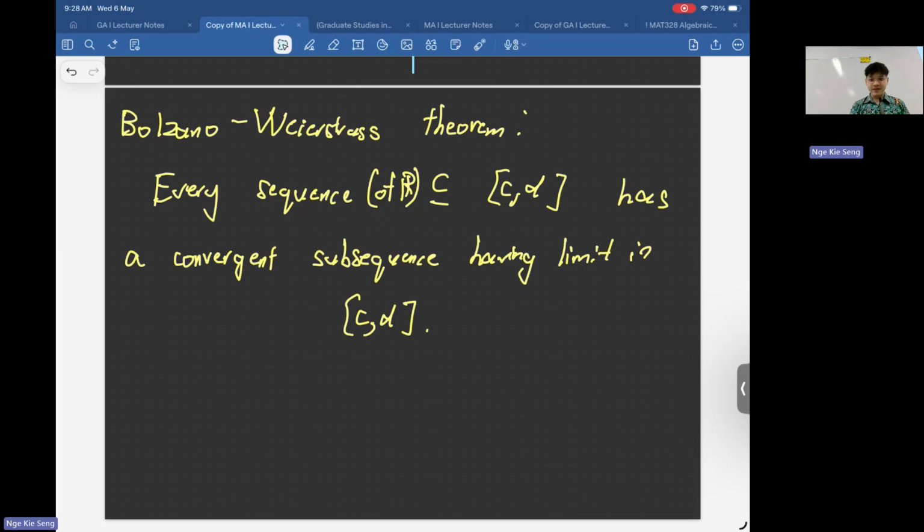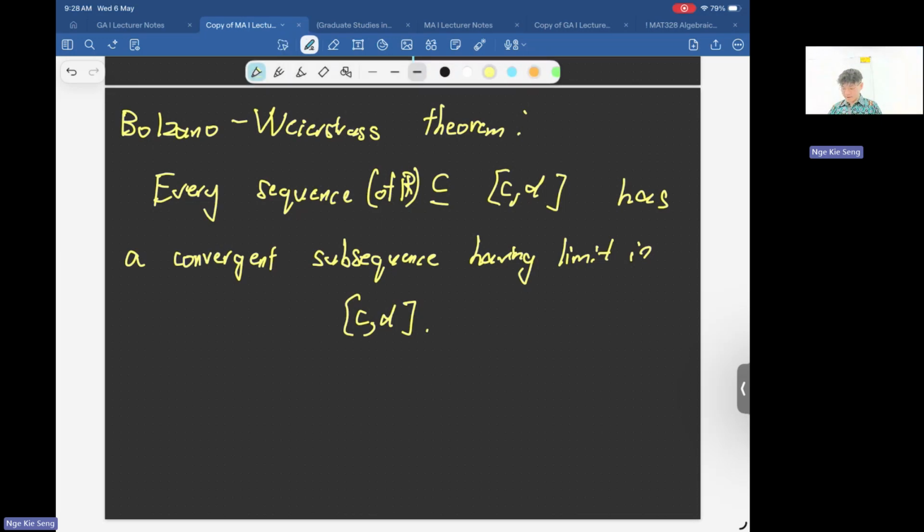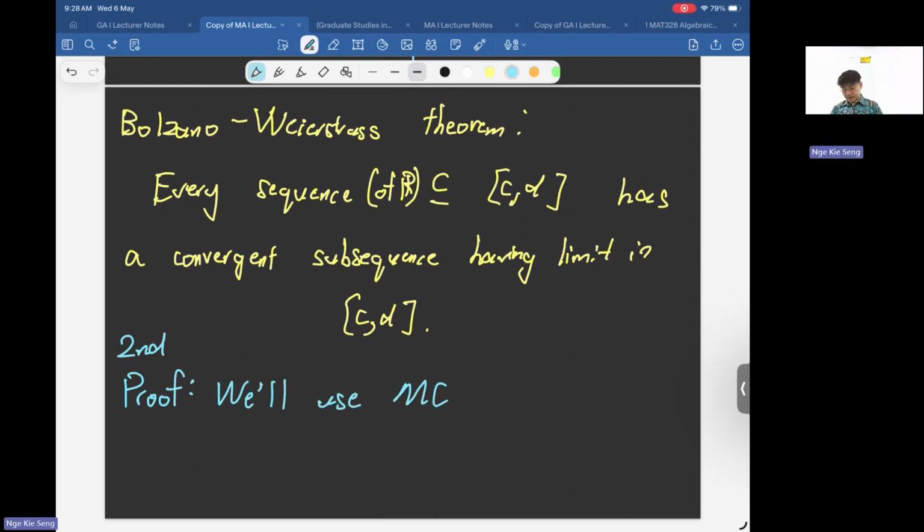Okay, very good. So I promised you to prove it in a second way, right? So this is the second proof, in which we will use MCT, the monotone convergence theorem. But before that, we need to define something called a vista point.